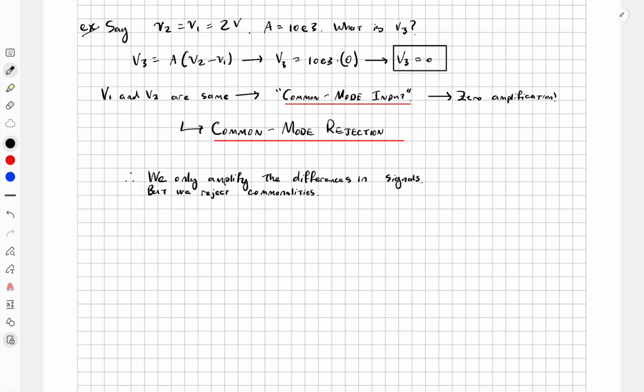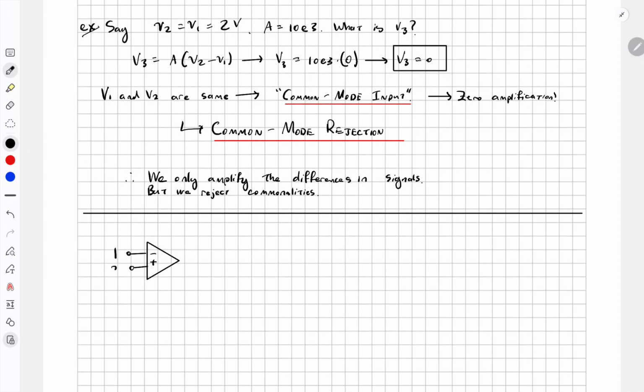But for now, I wanted to just give a little bit more terminology before I move on. So our op-amp again, we have our two input nodes, and then we have our output terminal.